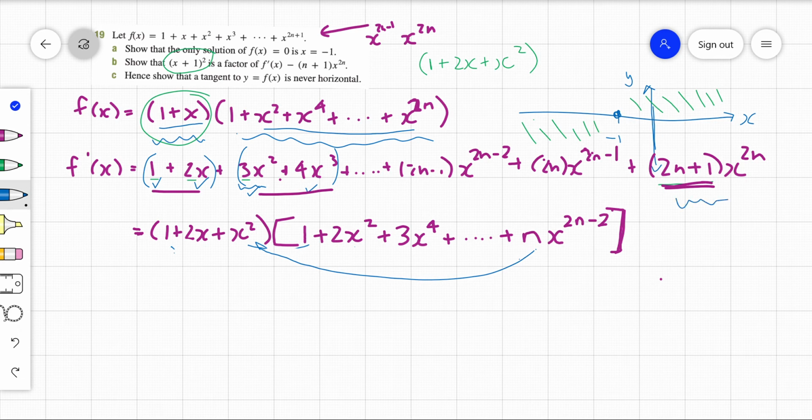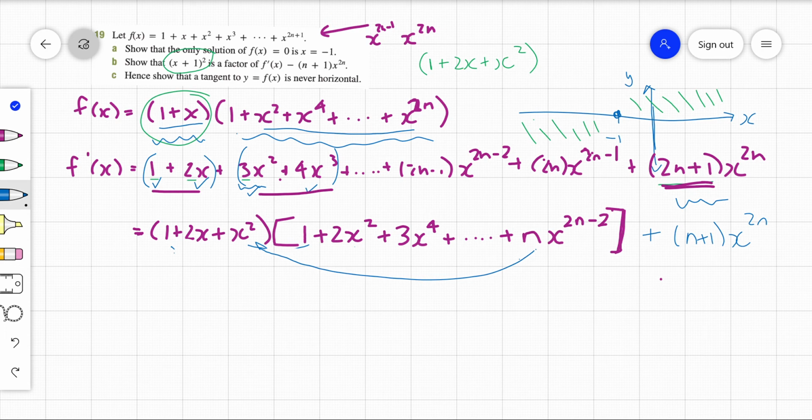I've still got 2n plus 1 that I want, and at the moment I've only got n. So I need another n plus 1 lots of those x to the 2n's to balance that. Sorry, I don't know if I explained that very well.